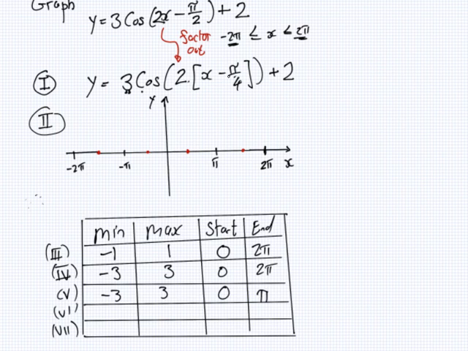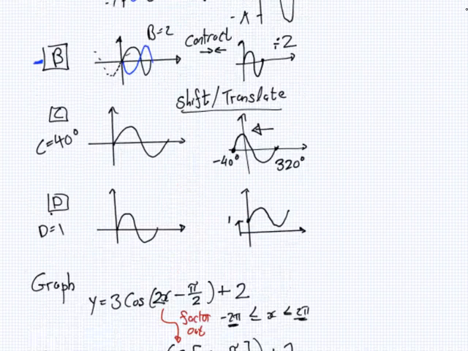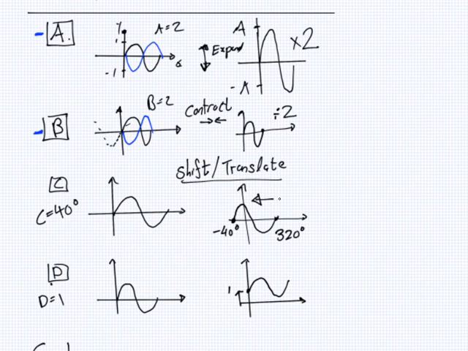Now the -pi/4, what's the effect of that? Shifts left or right? To the right, it's the opposite sign. Because earlier I said C makes it move to the left if it's positive. So if it's negative, it moves to the right.